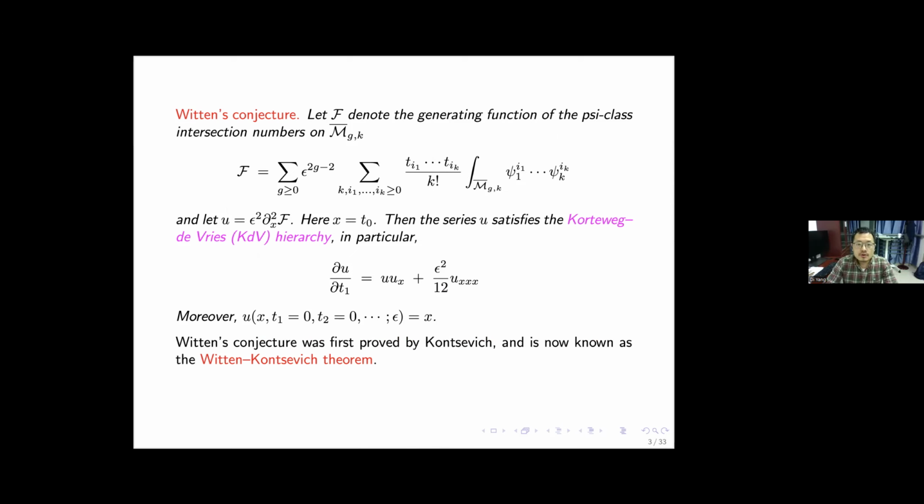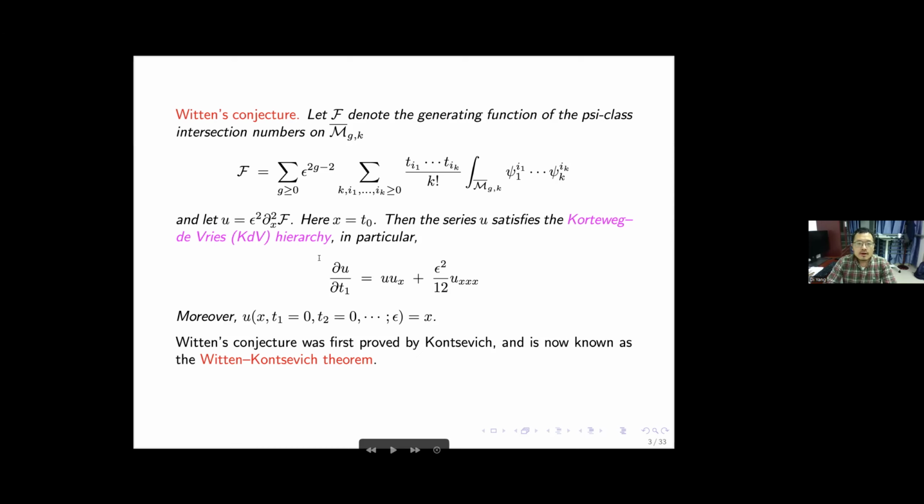This generating series is usually called the free energy of these intersection numbers. And we denote by U the second derivative of the free energy with respect to X, where X is just T0.